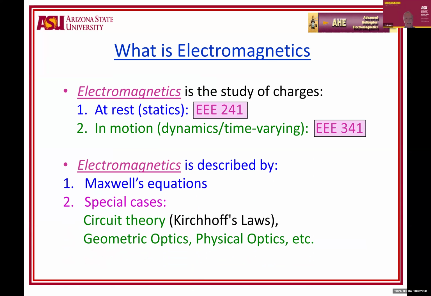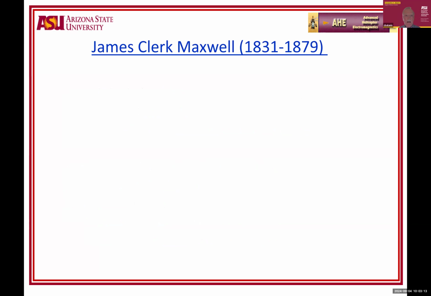Electromagnetics is basically described by 4 basic equations. We refer to them as Maxwell's equations because he came up with them. Special cases include circuit theory, Kirchhoff's laws, geometrical optics, and physical optics, which some of you may have taken or will take later, and so forth.